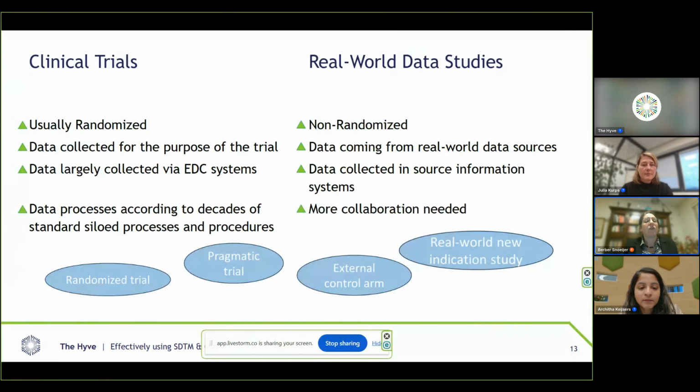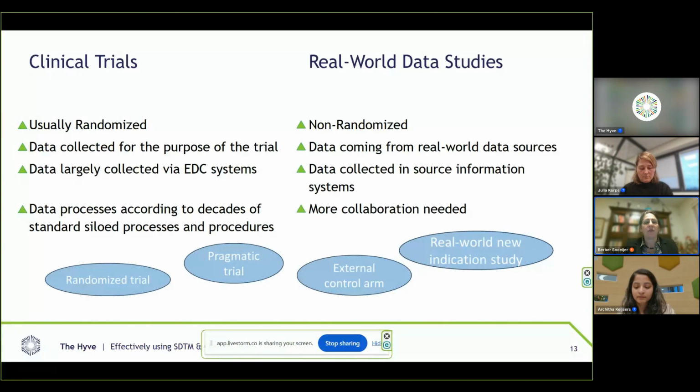Clinical trial data is largely collected via EDC systems, at least in the past, while for real-world data we collect the data from source information systems. Clinical trial data is processed according to decades of standard, siloed processes and procedures, while for real-world data studies we need more collaboration in our industry. We need to change processes in order to use this data effectively.